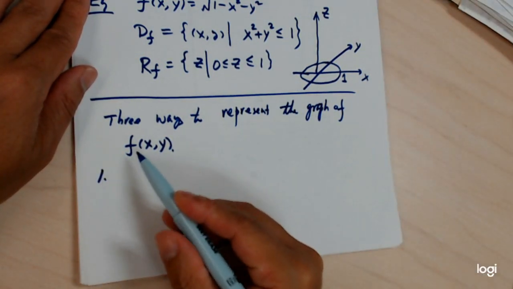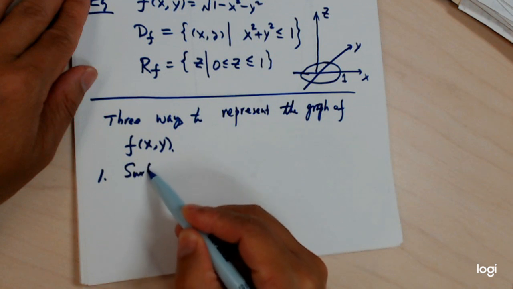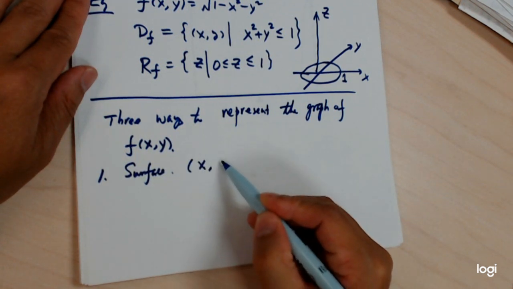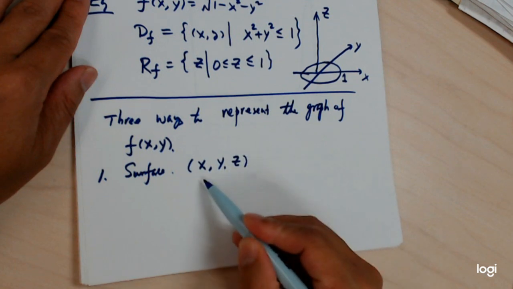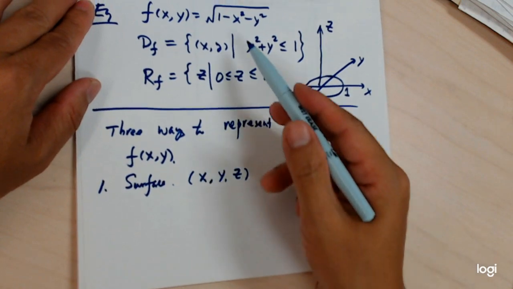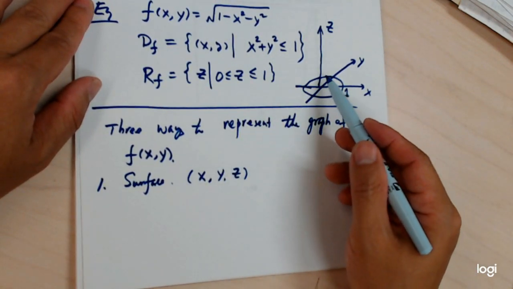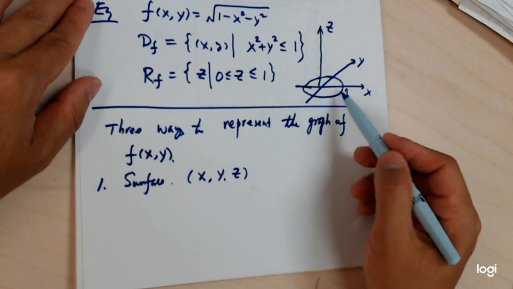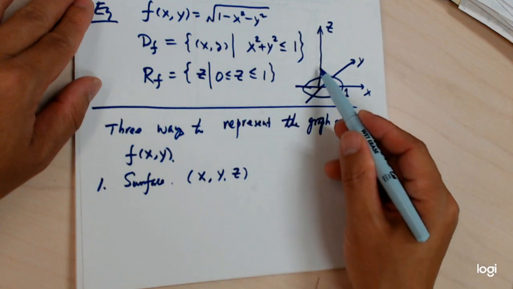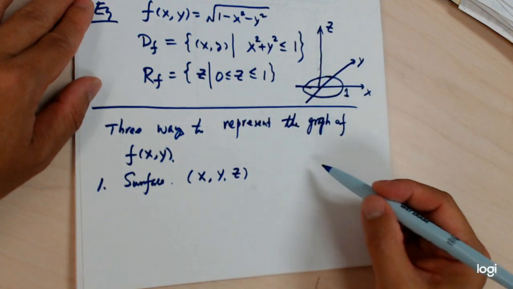The first one is just to sketch the surface, meaning we sketch the points in R^3: the x value, the y value, and the z value. Take this one for example. When x and y are along this boundary, the z value will be 0. When x and y are 0, the z value will be 1. That's where it achieves the maximum.